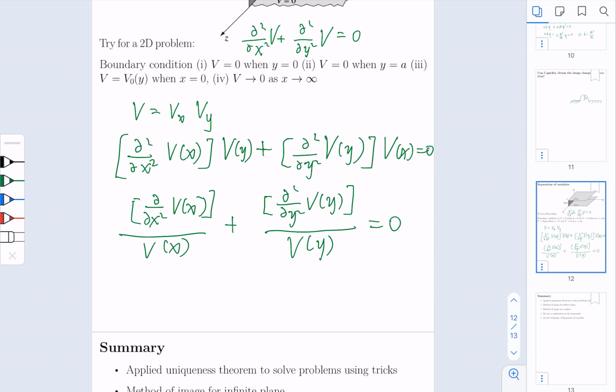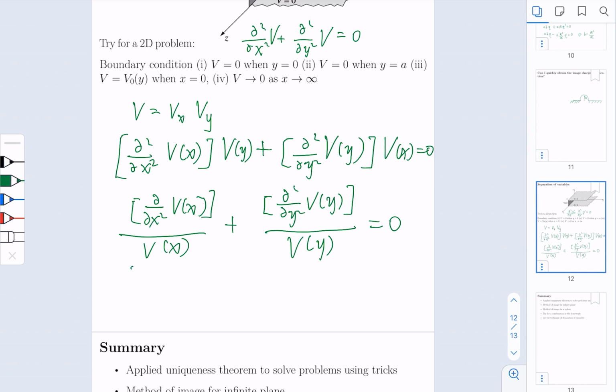And for this to be satisfied, the only possibility is that the left hand side is a constant, and the right hand side is also a constant. Otherwise this equation cannot be satisfied for every x and y.